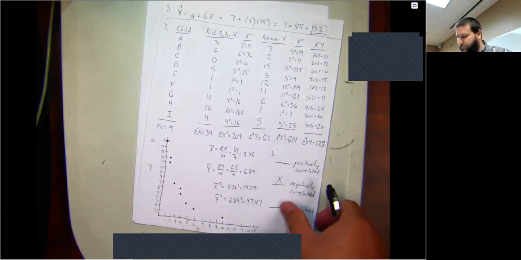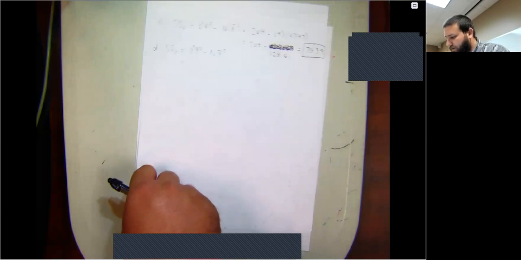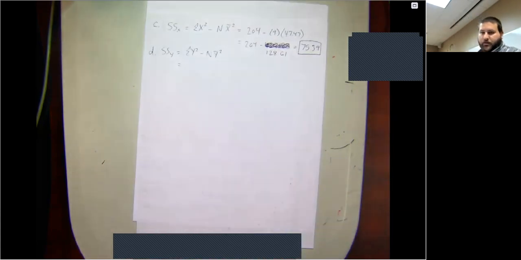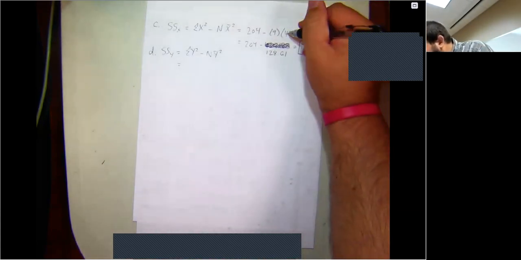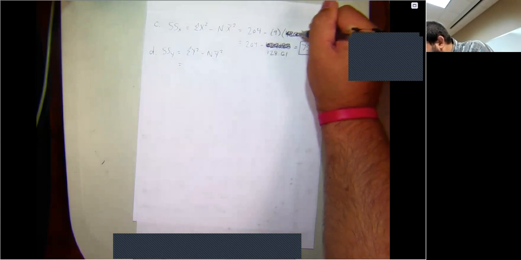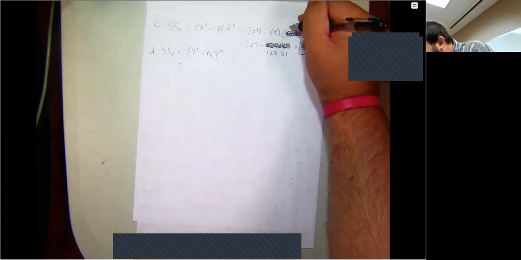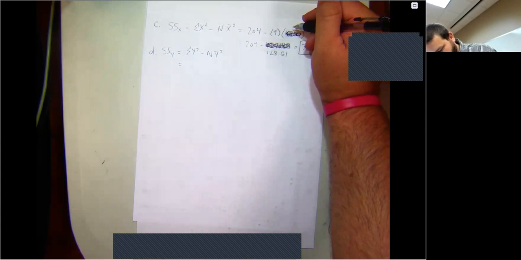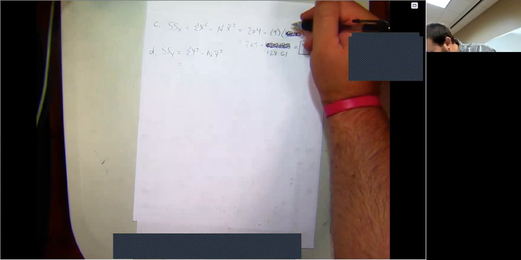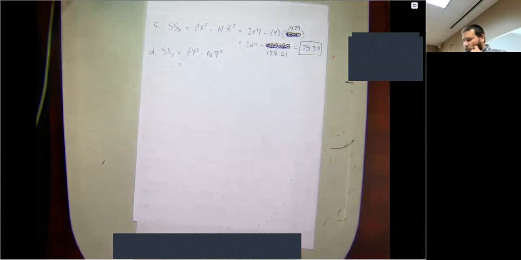So that's where we messed up on the previous one. If you go back to the SSX calculation, I'm sorry, but x bar squared is not 47.47. It was 14.29. And that's why if you take 9 times 14.29, it's 128.61. So a little hiccup there, sorry.